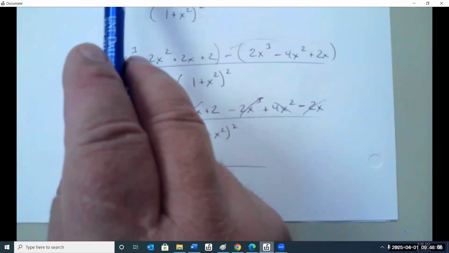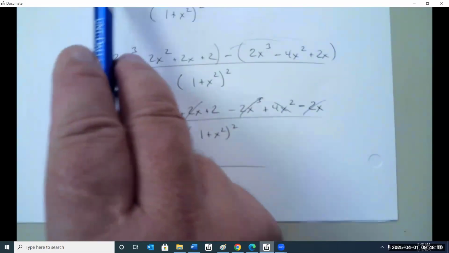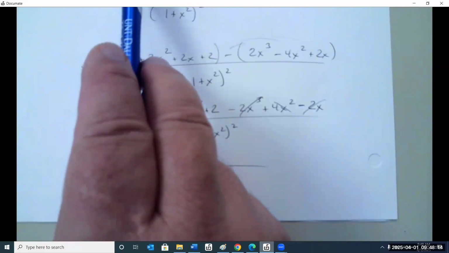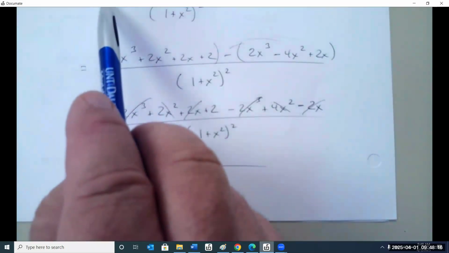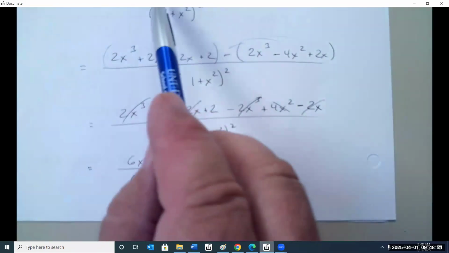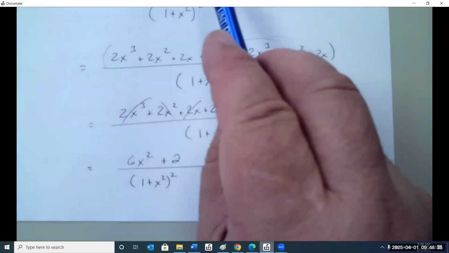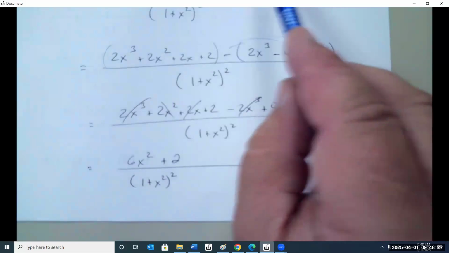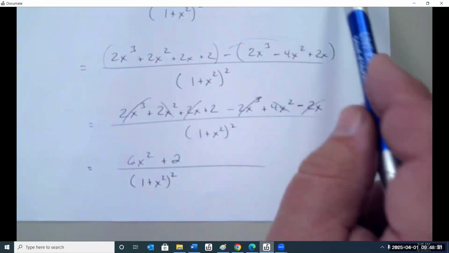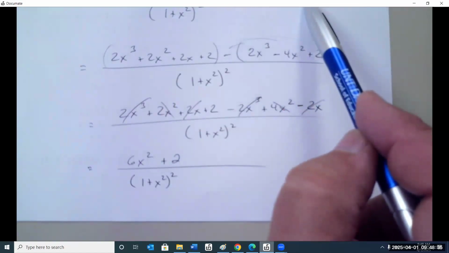So 1 plus x squared, 2 times 1 is 2x, plus 2 times 1 plus x squared. So 2x cubed plus 2 plus 2x squared. And I have here x plus 1 squared, which is x squared plus 2x plus 1, times 2x: 2x cubed, 4x squared, plus 2x.